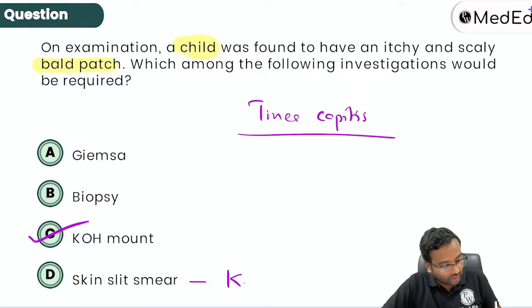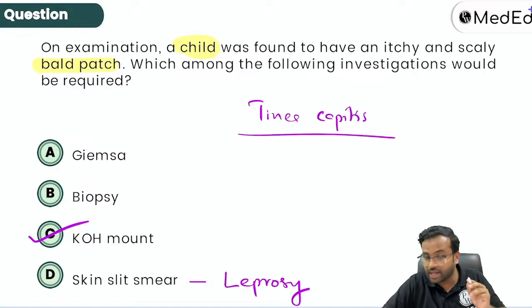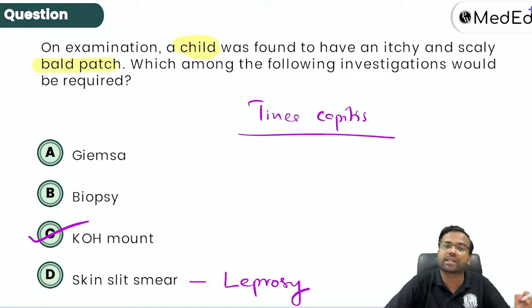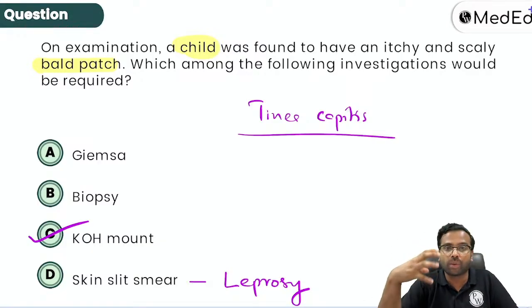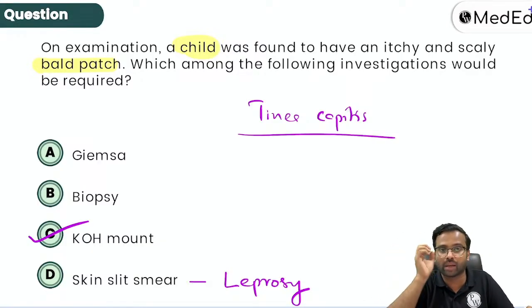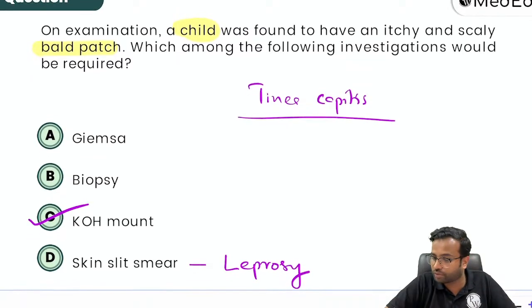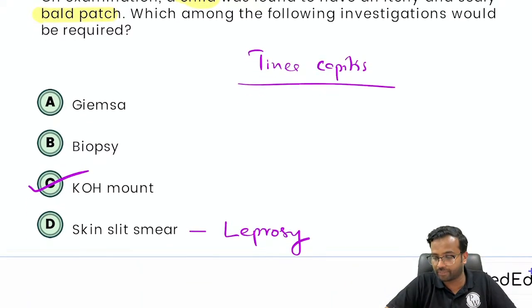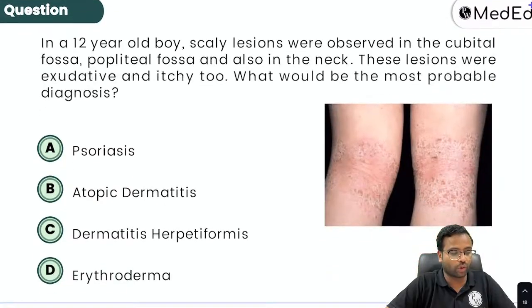This is an investigation which we will do in leprosy. If you remember, in leprosy we give a small slit in the skin and try to see how much the bacterial load is when you examine under a microscope. That is how we do this investigation in suspected cases of leprosy. Very good.